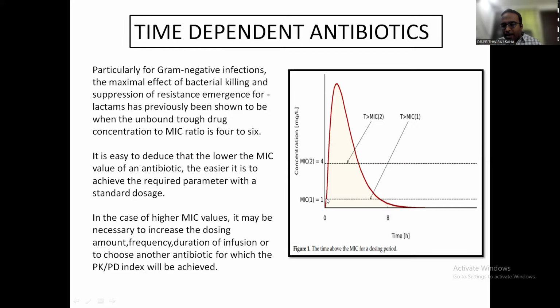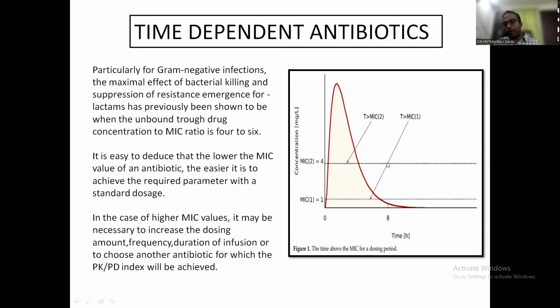If the MIC were 1, the drug spends a huge time above MIC. When the MIC climbs up to 4, there is a very small time in this graph. So this portion is the only part above MIC.